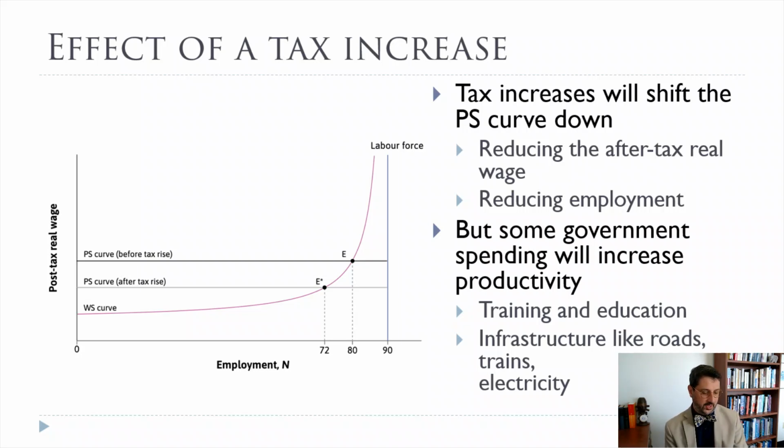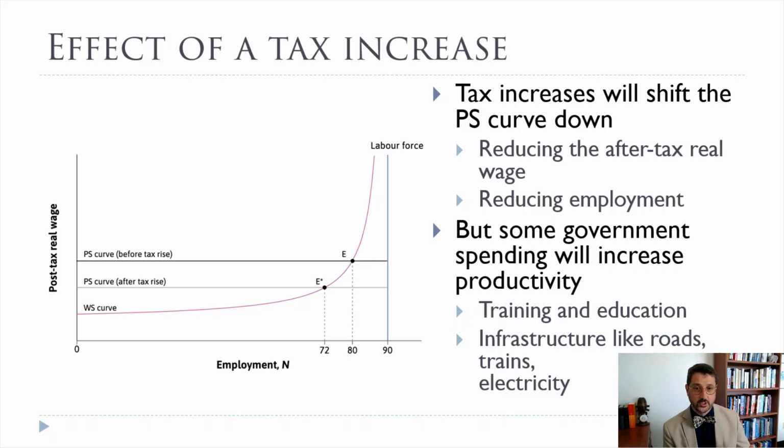If we think about K through 12 education, that's all paid for, or almost all paid for, through taxes. And a lot of our higher education in the United States, and almost all of the higher education in other countries, is also paid for through taxes, which makes workers more productive, which we saw before is a thing we want to do. Taxes also pay for infrastructure like roads, trains, electricity, airports.